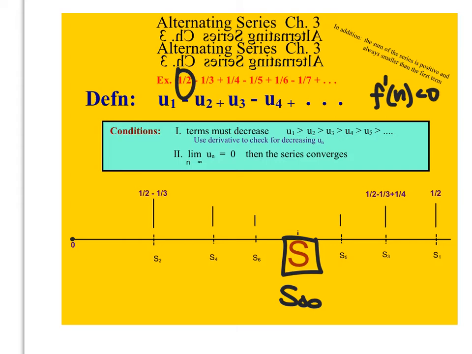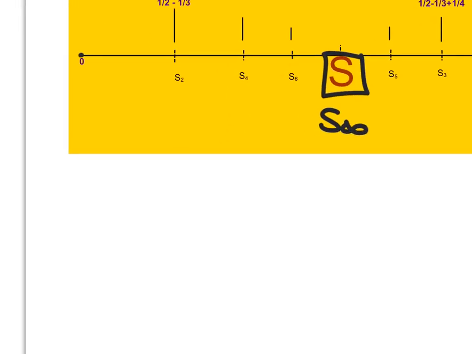Okay, so what would an alternating series potentially look like? Well, let's see here. Let's say that we're going from n equals 1 to infinity of (-1)^n over n factorial. Let's write out a couple of terms.